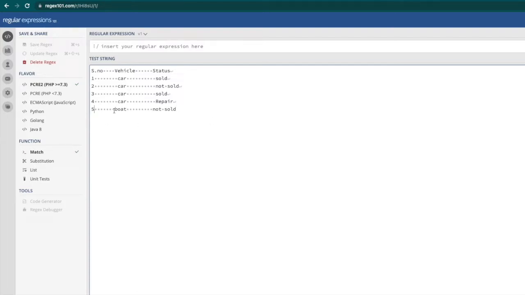In this case, let's assume it is a database, for example. It is an output of a query to a database, and we get a serial number, a vehicle type, be that car, boat, or anything else, and the status of that vehicle, whether it is sold, not sold, or in repair.